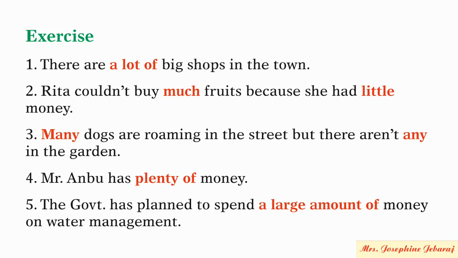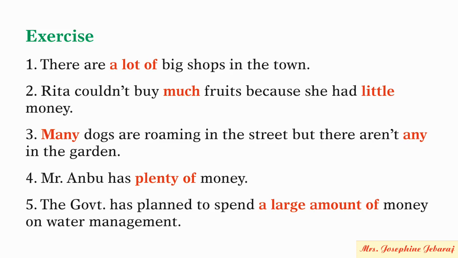Number 3. Many dogs are roaming in the street, but there aren't any in the garden. Many shows a plural countable noun, that is dogs. There aren't any in the garden means there are not any dogs in the garden.